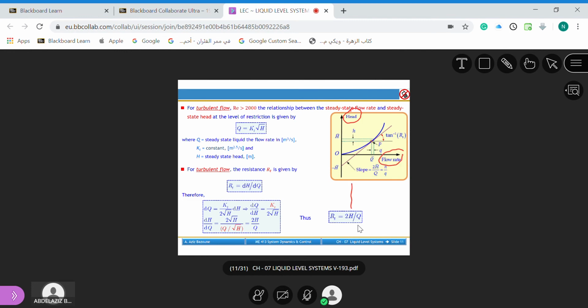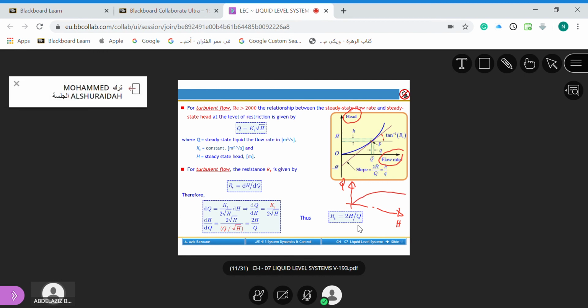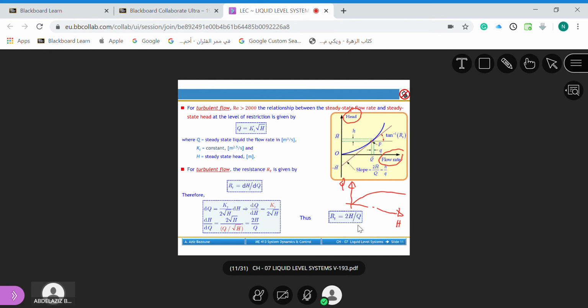If you invert it, you will find that this relationship gives H equal to Q square over KT square. But here, this is what is given to you. It's the same thing. Either way, you end up with the same result. So Q is given by KT square root of H.